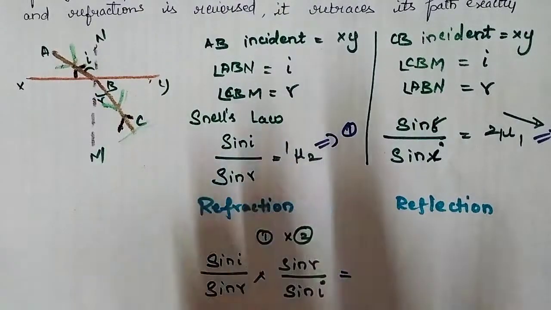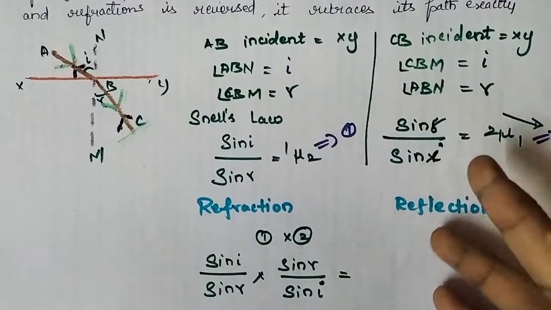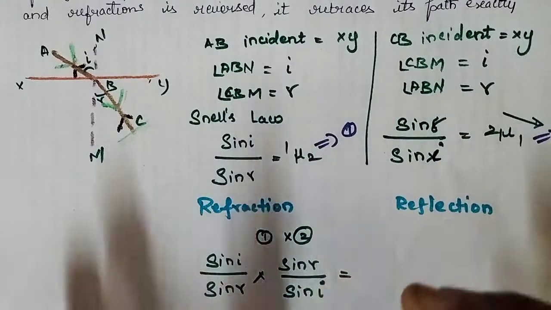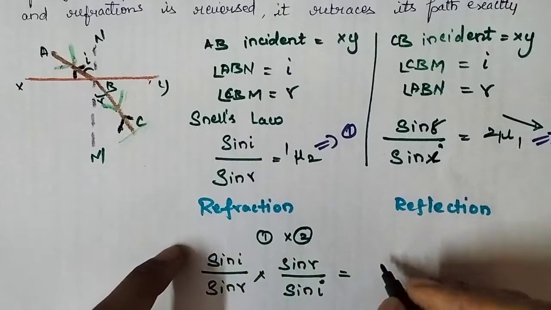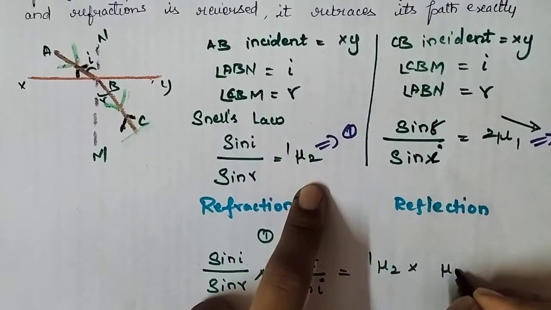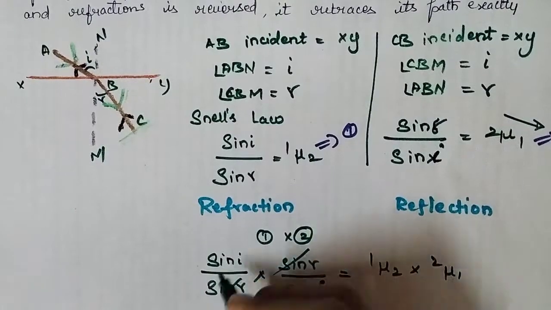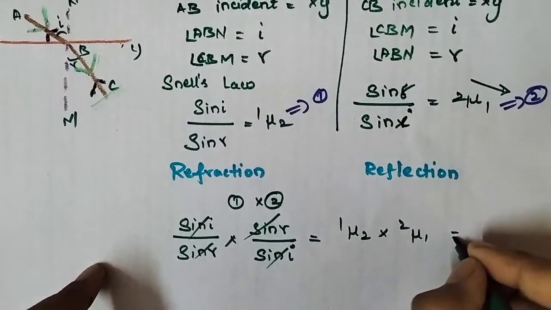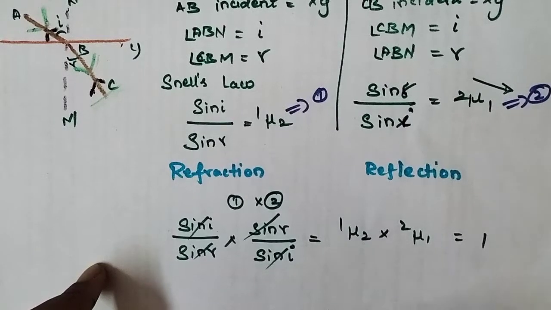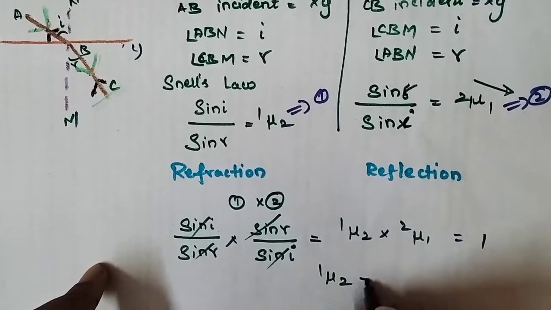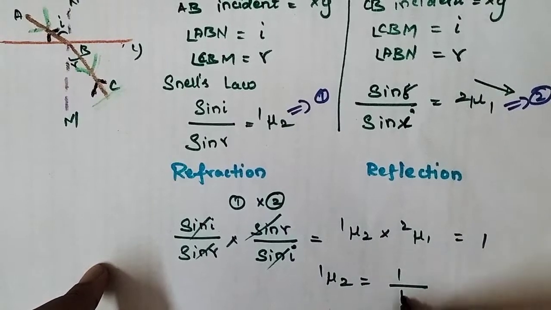Children, if I make a mistake, you should think how it will be coming. Okay, let's wait. What's going to happen? So 2 1 into 1 2, cancel, cancel. What do we get over here? 1.